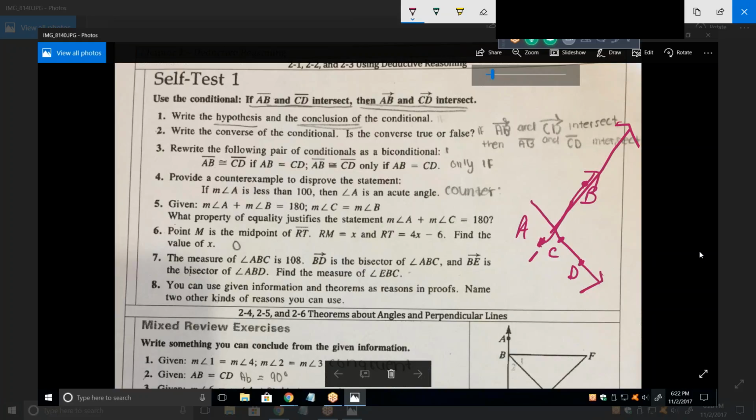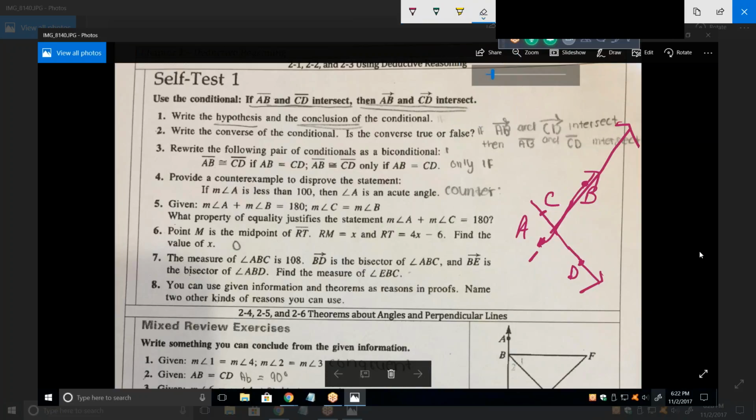So this can't even be an example. I've got to make the two line segments intersect also. So I've got to put C on the other side. Now the hypothesis is true: line segment CD intersects line segment AB.